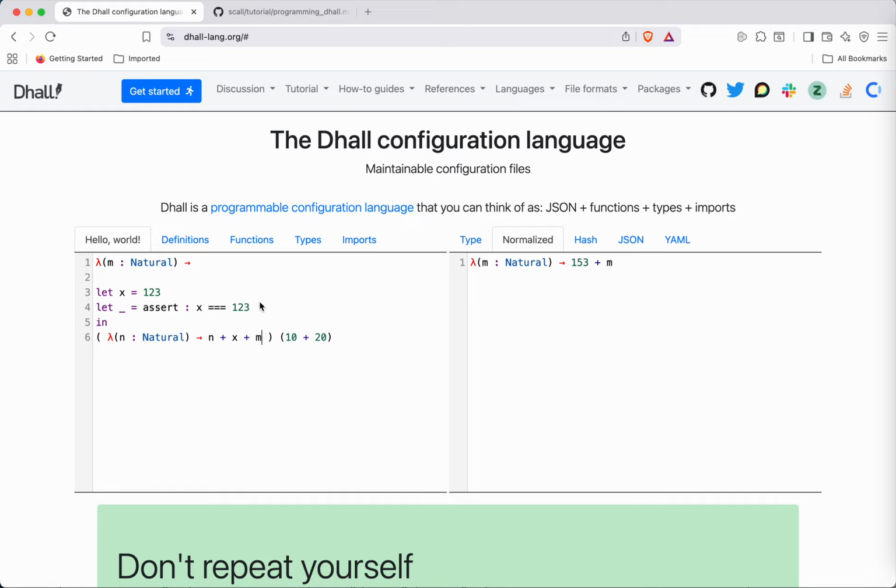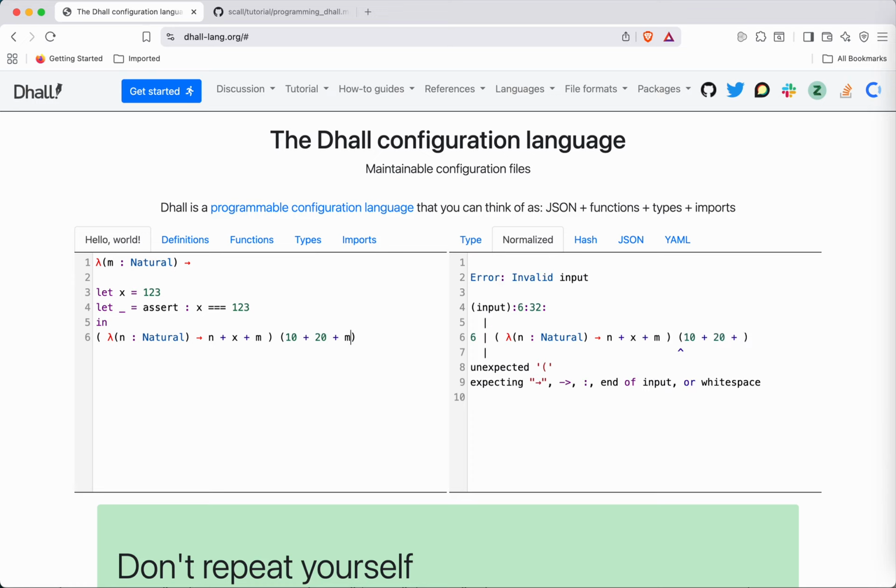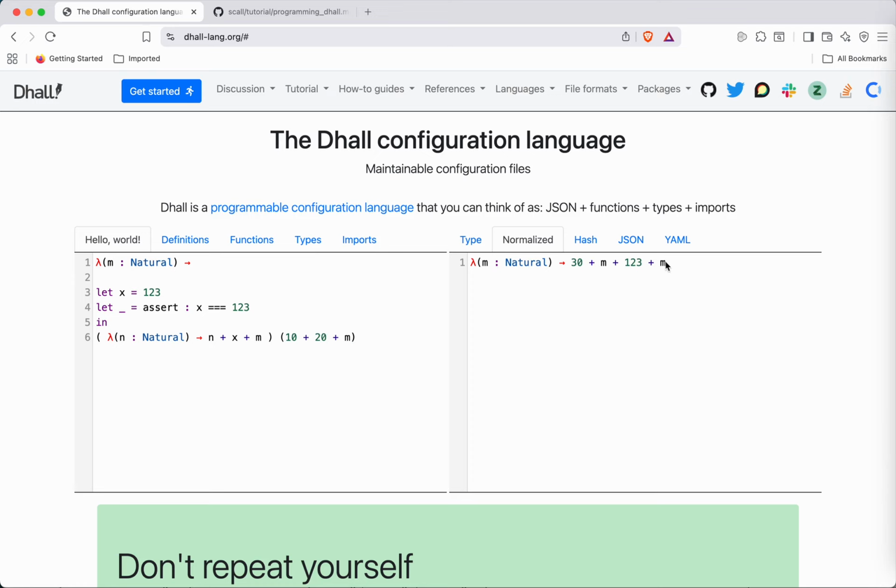And as you can see, Dhall will simplify as much as possible. It will substitute where it can. I can put m also here, right? Now you see it does not simplify algebraically. This expression could be simplified more, but Dhall does not include evaluator or simplifier for numbers or for other theories. It's just a more basic evaluator. So this is a normal form for Dhall.